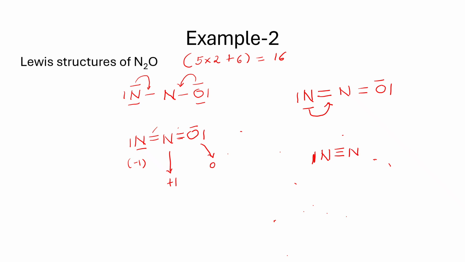But wait, if we do that, and we leave the structure like that, then the central nitrogen is going to have 5 covalent bonds, because there is a double bond on the other side, right? But nitrogen is a period 2 element, so it cannot have an expanded octet.